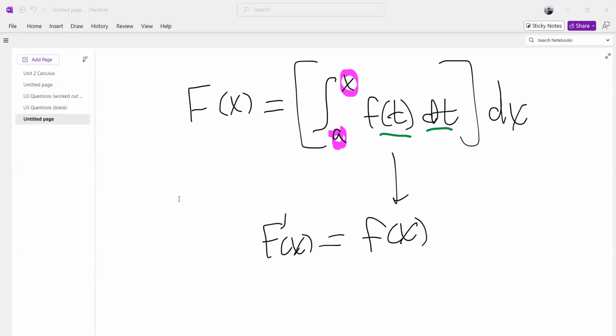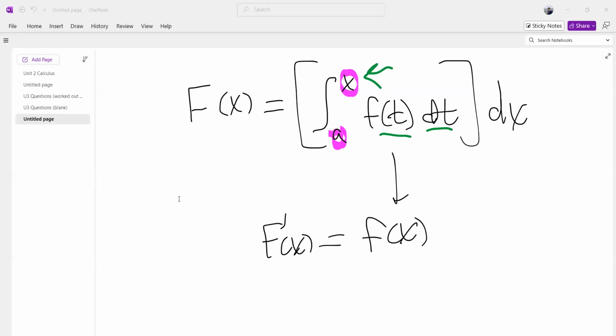But whenever we are using this FTC, we have to have something that's called a dummy variable, which might sound kind of weird, but it just means any variable that's not the same as whatever is here. In this case, it's t, but it doesn't have to be. It could be x as long as the other thing wasn't x.